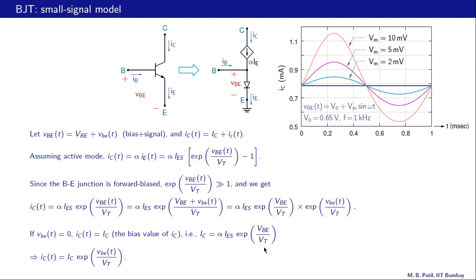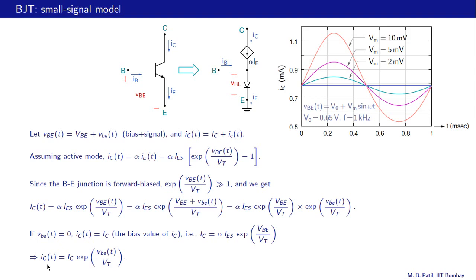And now this part is also appearing here, and therefore we can say that IC of t is, instead of writing this expression, we just write IC, and that multiplied by e raised to VBE by Vt, where VBE is the signal VBE.